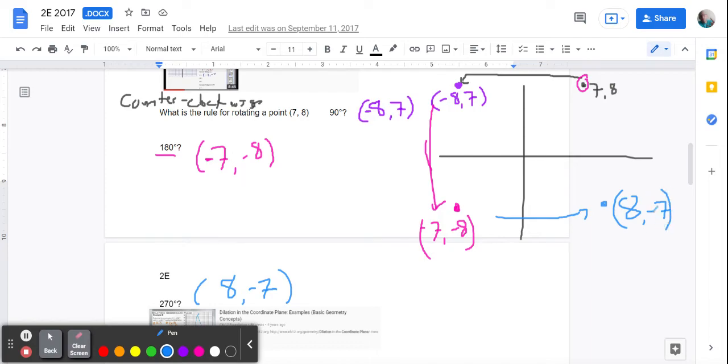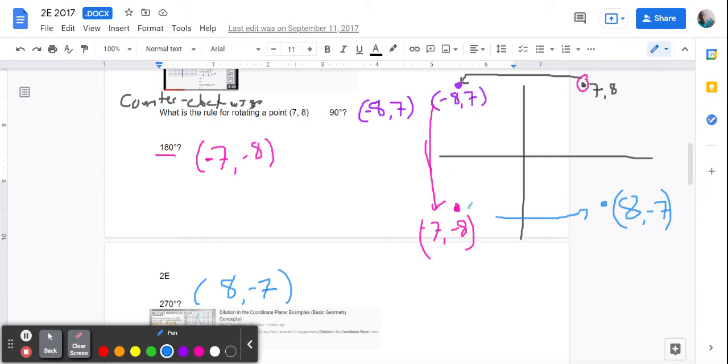One thing that'll help us, guys, as we rotate, if we're confused about these positives and negatives, is to look at what quadrant we're starting from. If we rotate 90 degrees, we're going counterclockwise. So if I start with 7, 8 in quadrant 1 and I rotate 90 degrees, when I get to quadrant 2, that x has got to be negative because I'm in this quadrant over here. The x has got to be negative, the y stays positive. When I rotate from here to here, I know I'm in quadrant 2, so the x is negative, the y is positive.